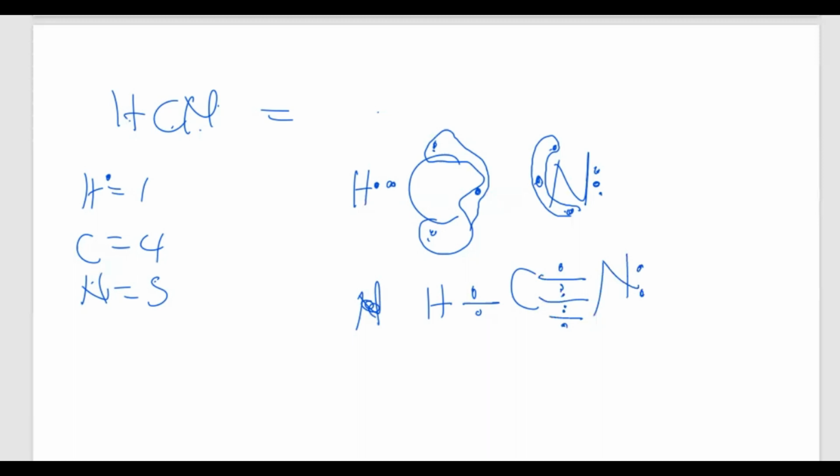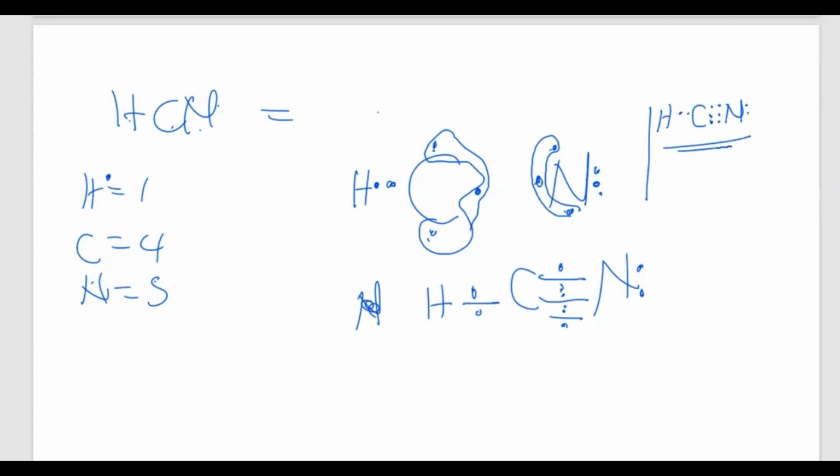So meaning that the real structure is going to look like hydrogen, carbon, nitrogen. You understand? Because I'm going to have here 1 bond, and then this one and that, then 2 electrons which are there.